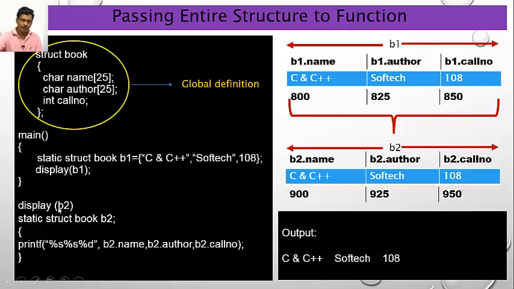Now b2 consists of the same values, C and C++, softtext, 108. We just display through printf percentage d, b2 dot name, b2 dot author, b2 dot call number. The same values are displayed here. This is the output of the program. We can pass the entire structure to the function by using global definition.